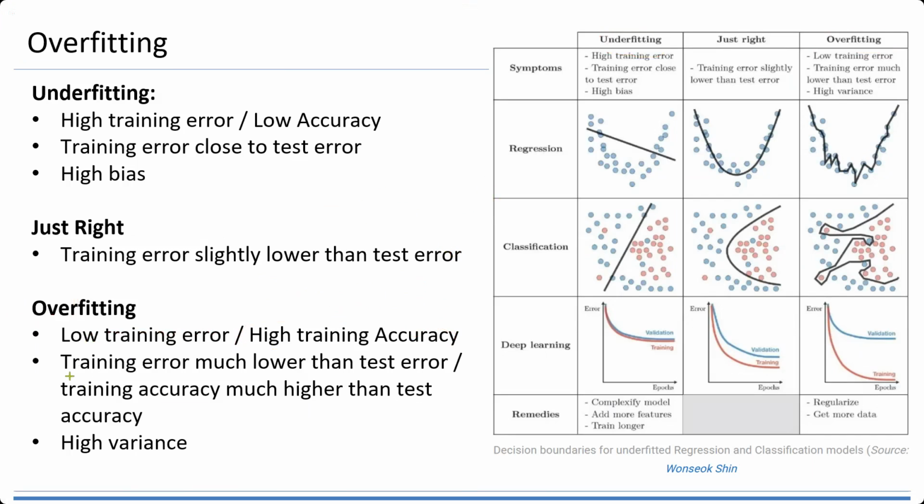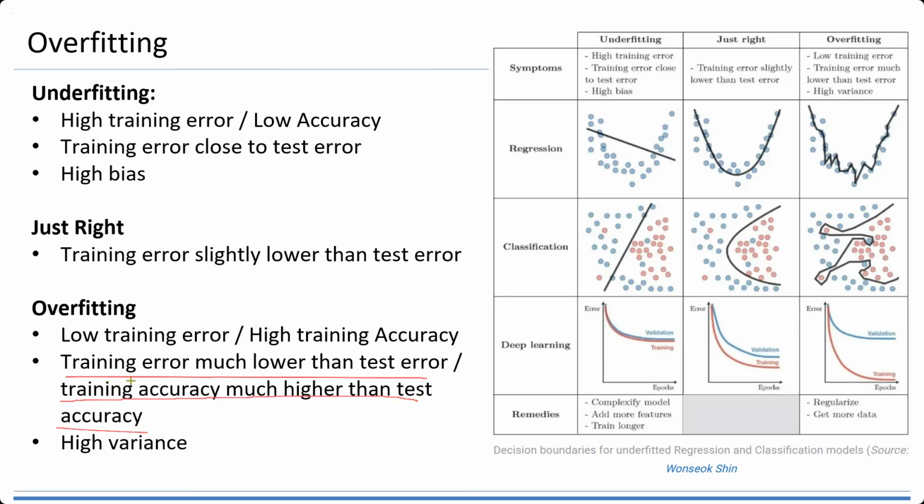The training error is much lower than the test error, or the training accuracy is much higher than the test accuracy. What does it mean?